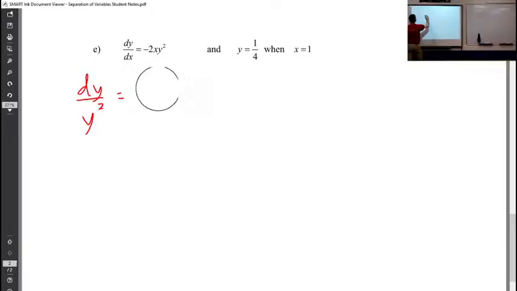Let me change this, because I know the antiderivative on the left is going to get a negative, and the antiderivative on the right won't. So I'm going to move the negative over there too. So then it'll cancel out and be a positive.